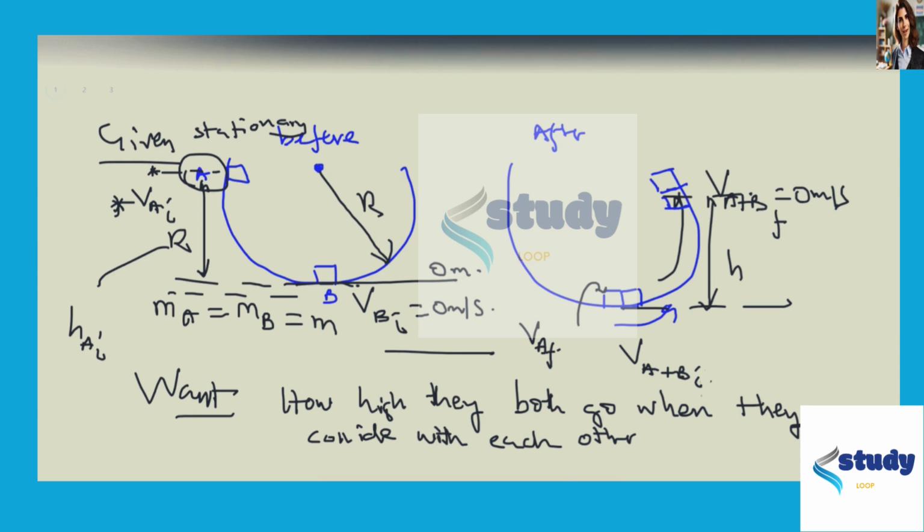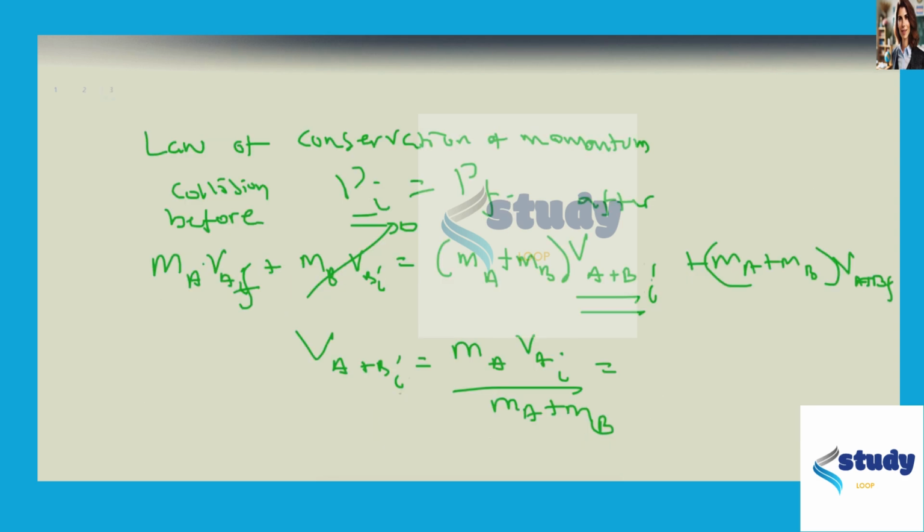So coming back, just making sure that our conventions are right. This is the final right here when they stop. This is the initial for B by itself, and this is the initial for A by itself. And then this is the final for A just before they collide. So this is what we have in the problem.